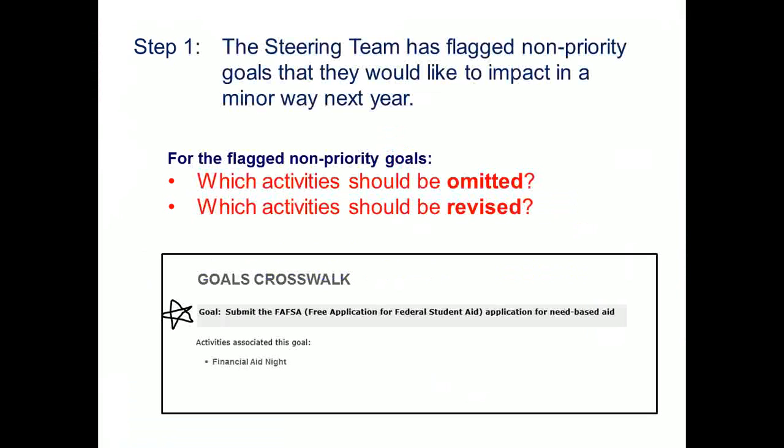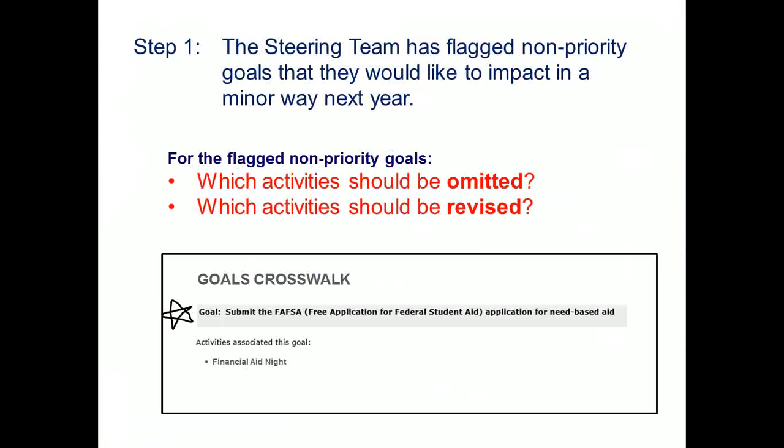So we're telling folks that your steering team has flagged non-priority goals that you'd still like to implement a little bit more than you currently are in the coming year. So on this goals crosswalk in the non-priority goals section, you will have asterisked the non-priority goals that you want to beef up a little bit.